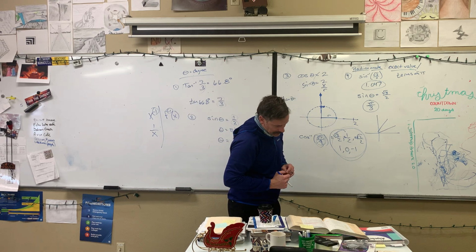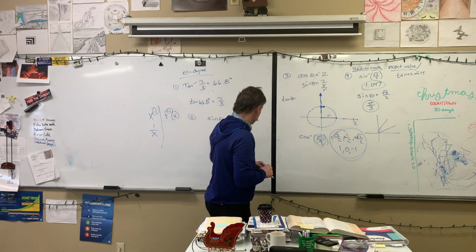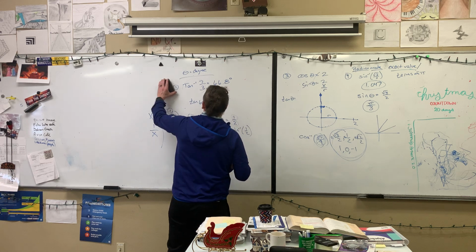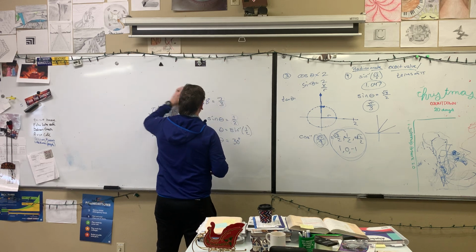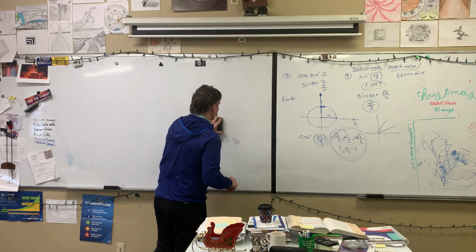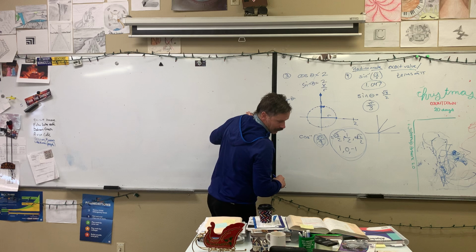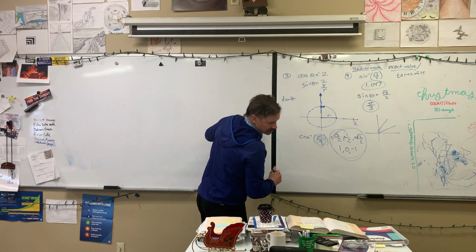So if I said, let's try this one, hey, no calculators, and I want it in terms of pi, so you don't need to worry about degree mode or radian mode on your calculator because I want it in terms of pi.